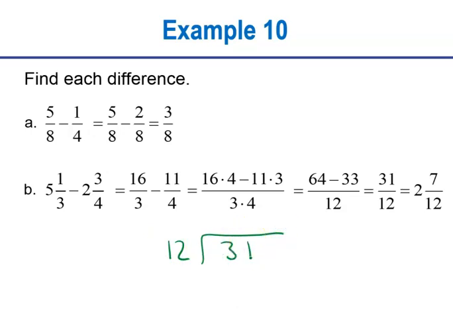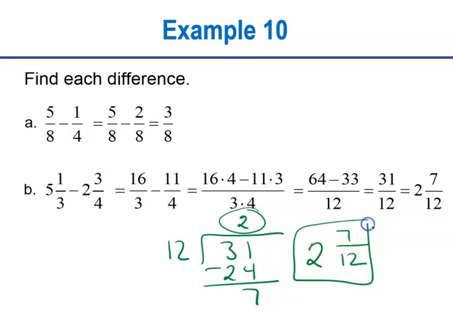This is what I see most students doing. This is certainly what I do. We know 12 divides into 31 2 whole times. 2 times 12 is 24, our standard long division algorithm. Then 31 minus 24 gives me a remainder of 7. And now I know my answer is the quotient plus the remainder over the divisor. 2 and 7/12.